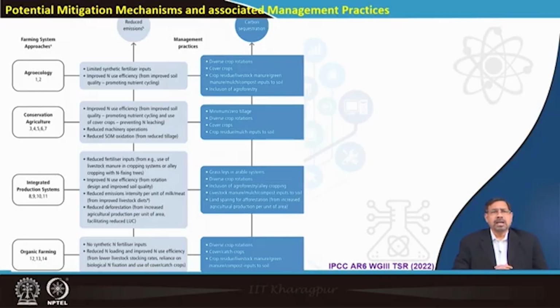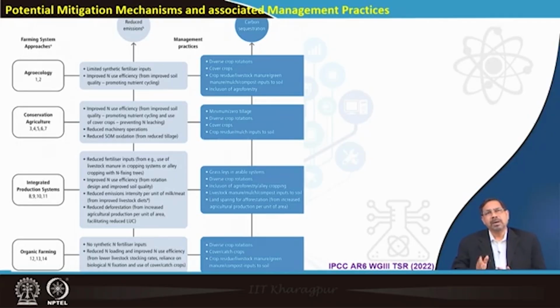Here on the left hand side, I have listed the farming systems. In terms of farming systems, there are different approaches: agroecology, conservation agriculture, integrated production systems and also organic farming.